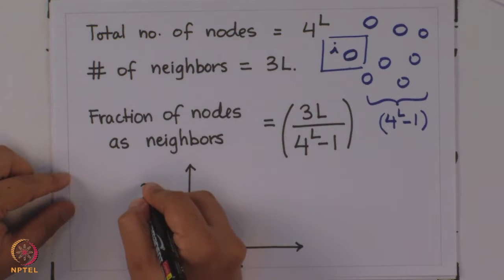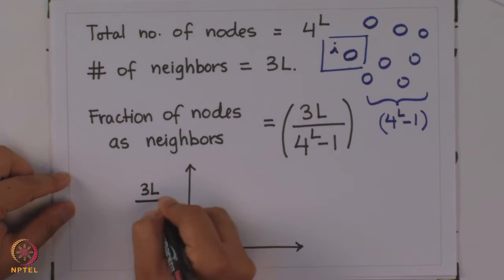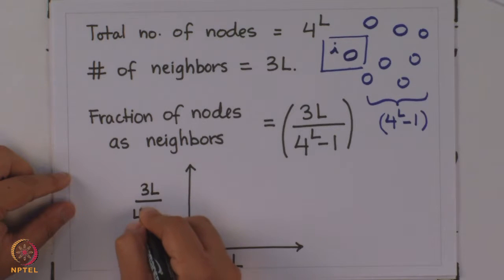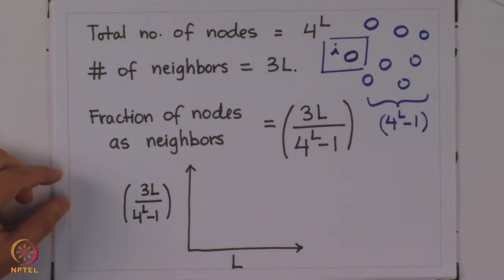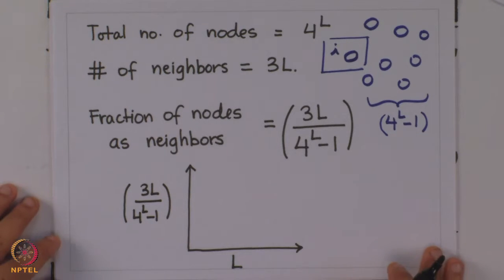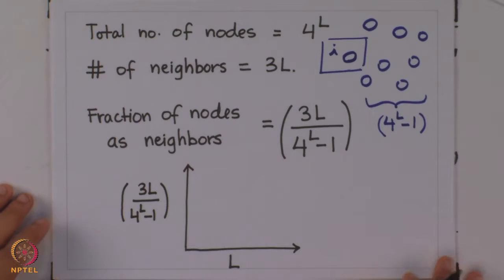So on the y axis I want you to plot 3L divided by 4 to the power L minus 1. Think about this problem for 30 seconds or so, and come up with a very qualitative estimate of what you would expect intuitively this relationship should look like.